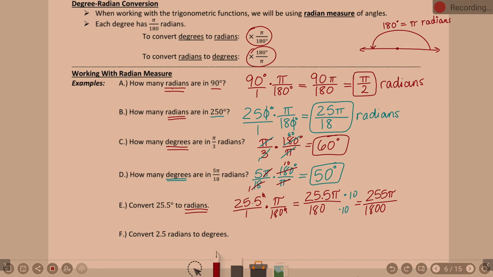But I just left the 1 out. So one way or another, can you get yourselves to 17 pi over 120? Can you get there? Yeah. Okay. Oh, I'm there.